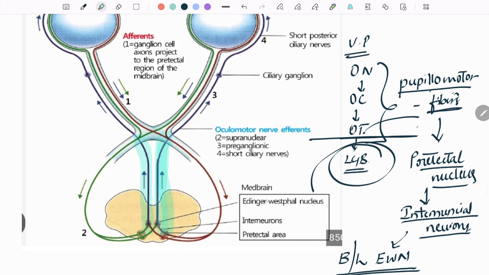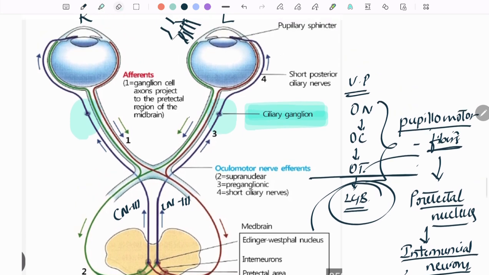I am highlighting with a sky blue color. Bilaterally, cranial nerve 3 is stimulated. And this will land up in the ciliary ganglion. Okay, so from the ciliary ganglion arises the short ciliary nerve.